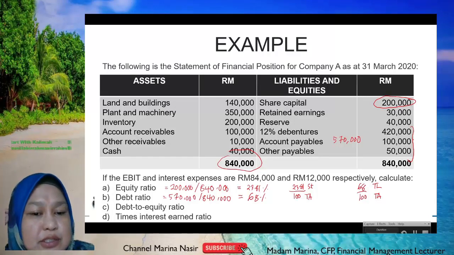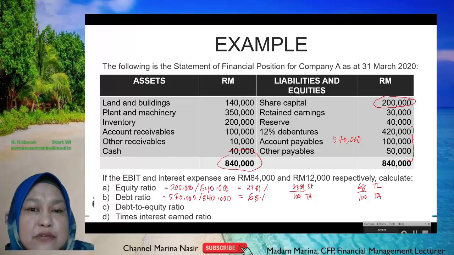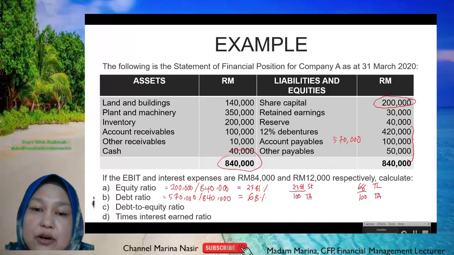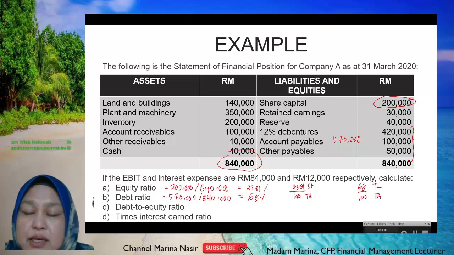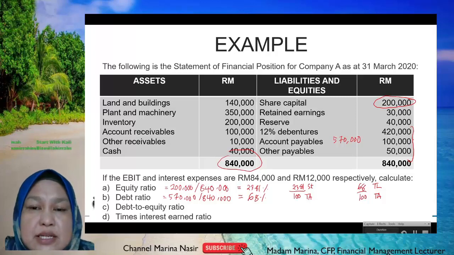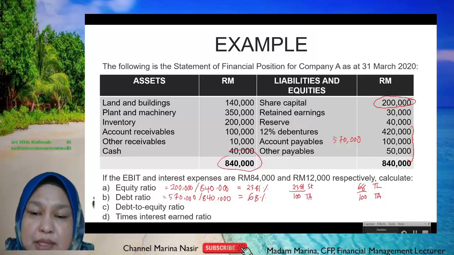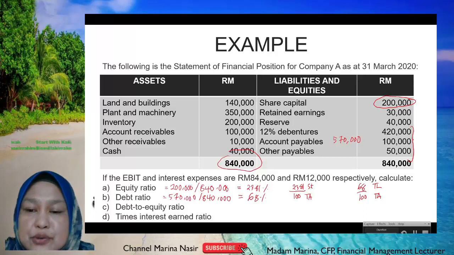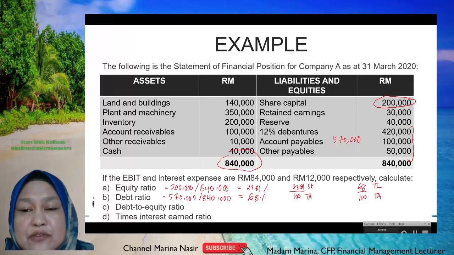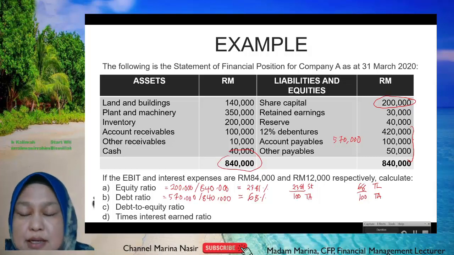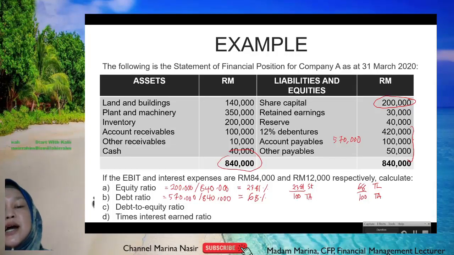So good or not, it depends on the financial institution or bank, whether they want to give financing or a loan to Company A or not. Normally financial institutions will look at debt ratio. Normally below 50% is considered good, but more than 50% is considered high debt.